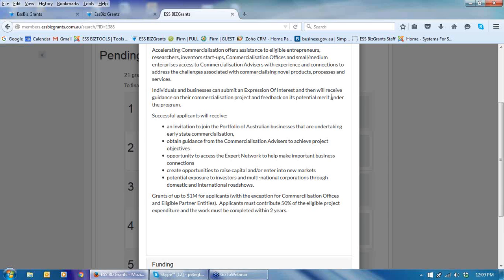But individuals, partners in a partnership can apply in the first instance. There is no compulsion to incorporate a company to merely submit an expression of interest.